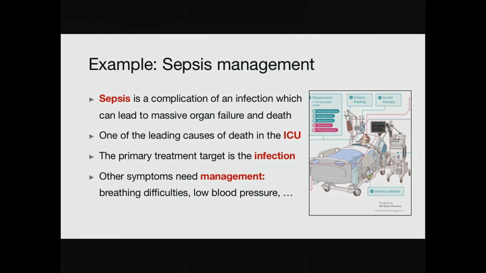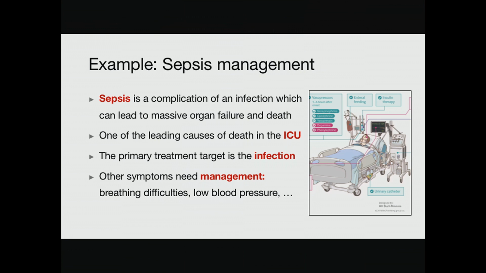When you start treating sepsis, the primary target, the first thing you should think about fixing, is the infection itself. If we don't treat the infection, things are going to keep being bad. But even if we figure out the right antibiotic to treat the infection that is the source of the septic shock or the septic inflammation, there are a lot of different conditions that we need to manage.